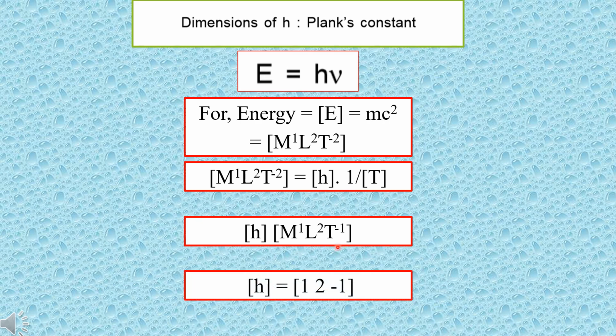Here we know that the powers of these base quantities, fundamental quantities, are 1, 2 and minus 1, and these are basically the dimensions of Planck's constant. H is equal to 1, 2 and minus 1.